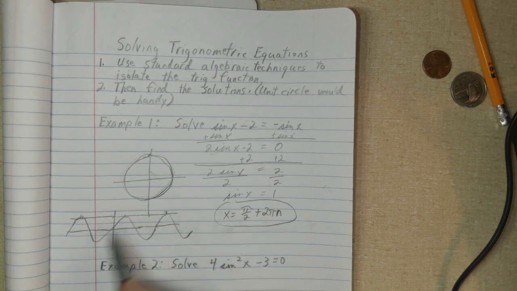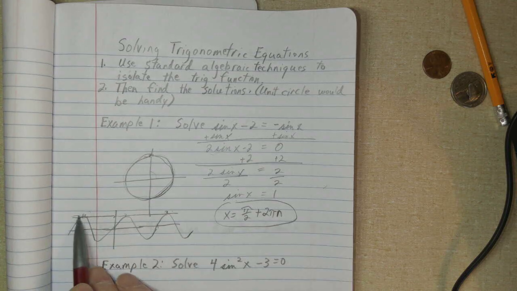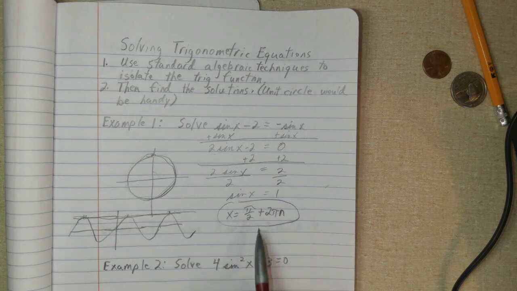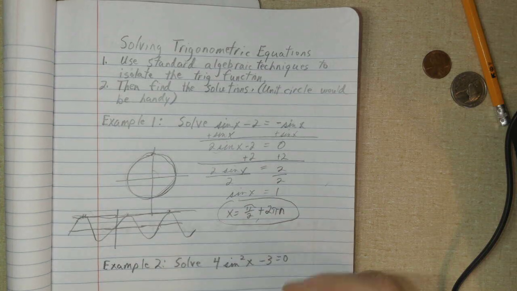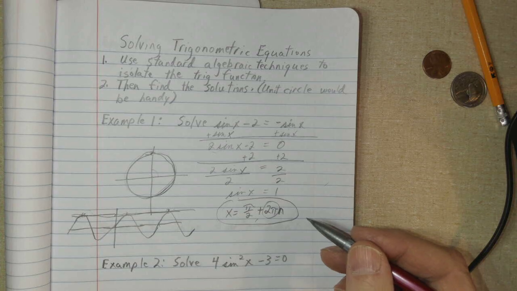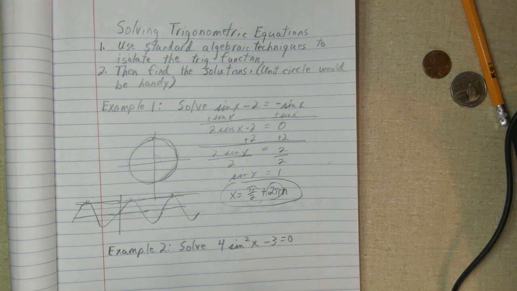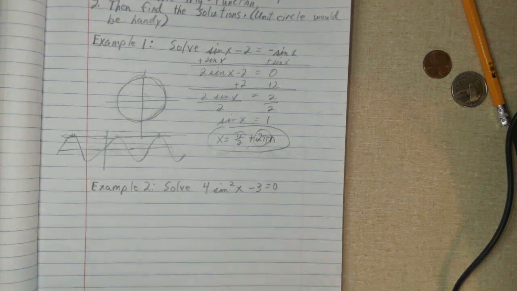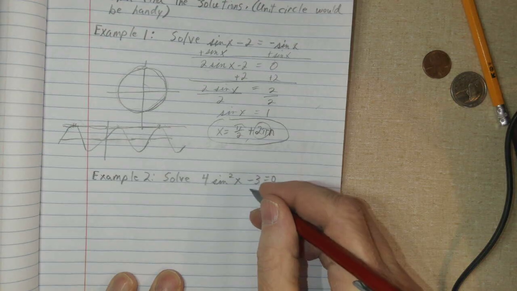There are infinitely many solutions because it's the number of times it hits the 1 right here, and this describes it. With sine and cosine, it would be safe to use the 2 pi because that's the length of the period. Now, tangent, that period is pi, so we wouldn't be using 2 pi, we'd be using pi when we were to describe all the solutions. We'll see if that comes into play in some of these other examples.